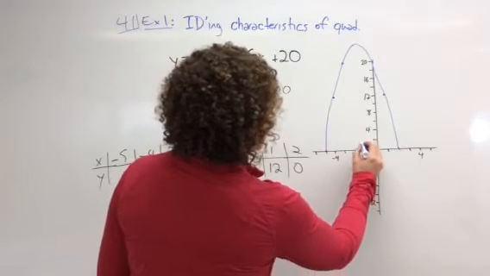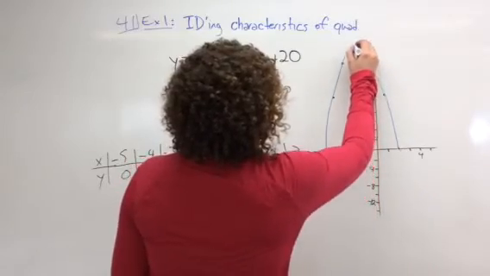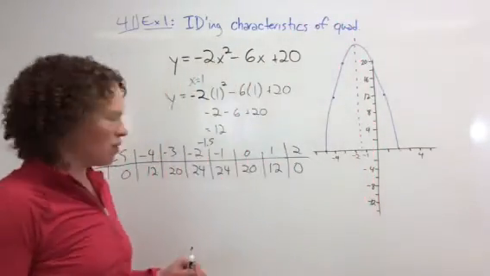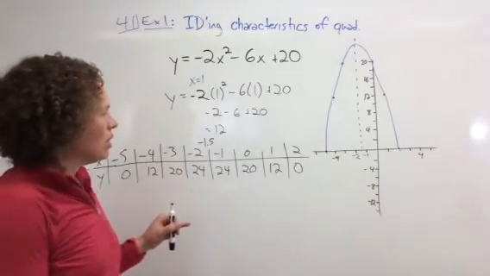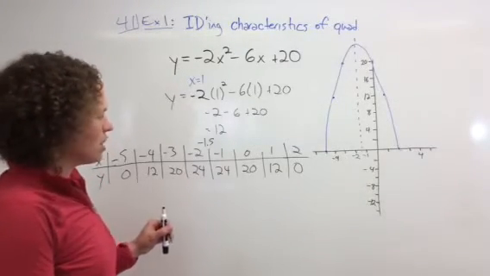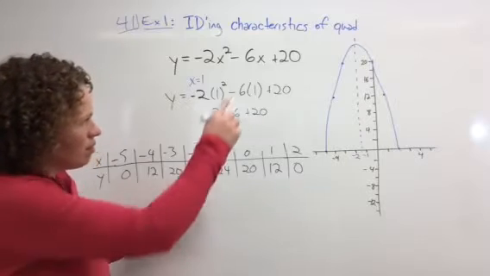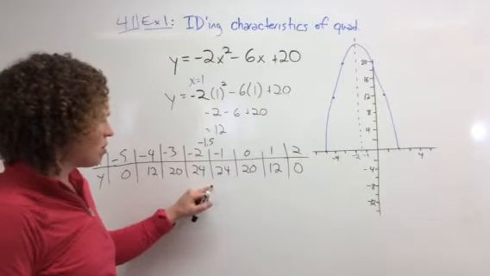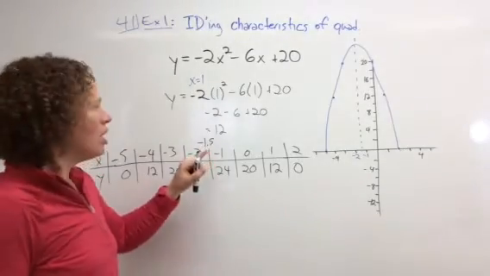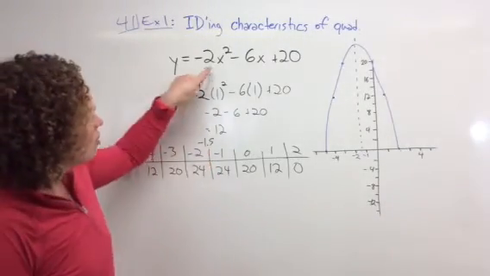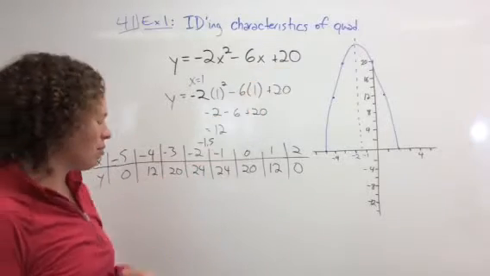So my axis of symmetry has to be right up the middle between those two, because they have even points on either side. So I can tell a few things by that. I know that the top point is going to be between 24 and 24. It's going to be when x equals -1.5. So I could put -1.5 into this equation and get my y value.